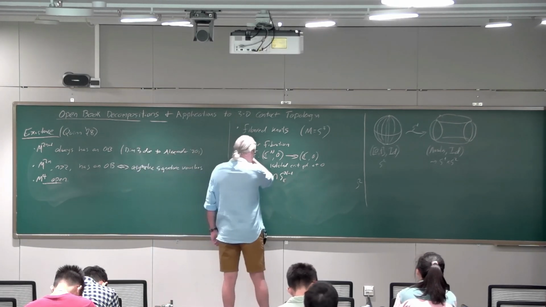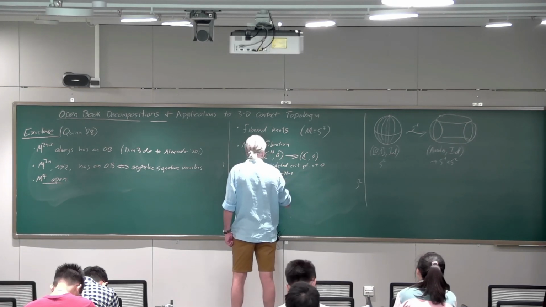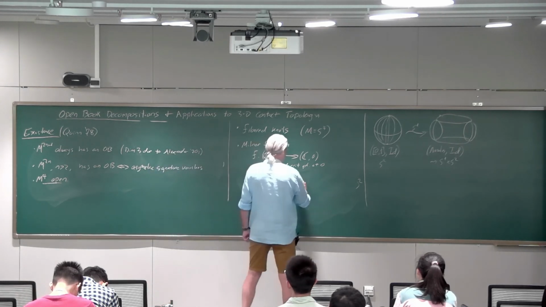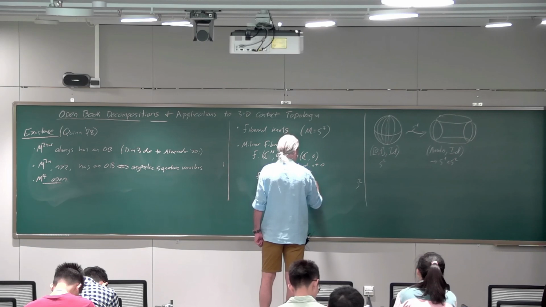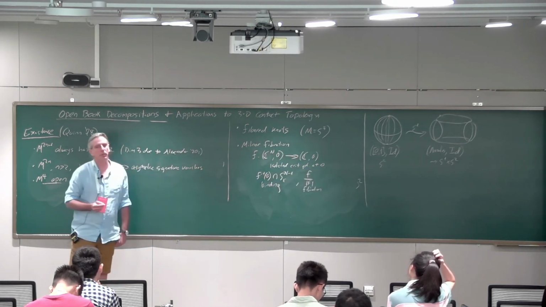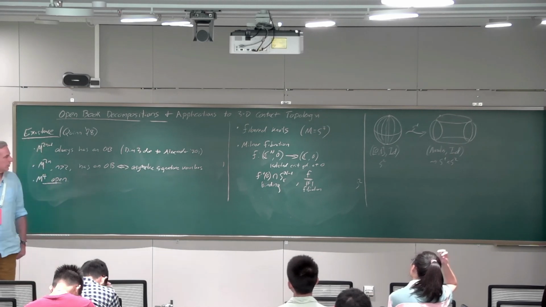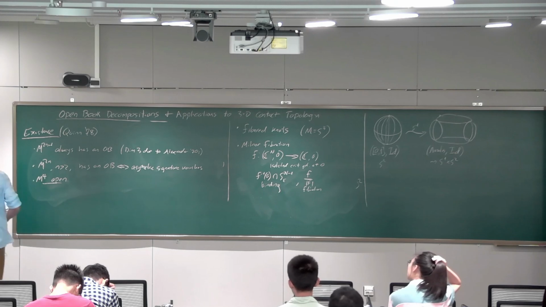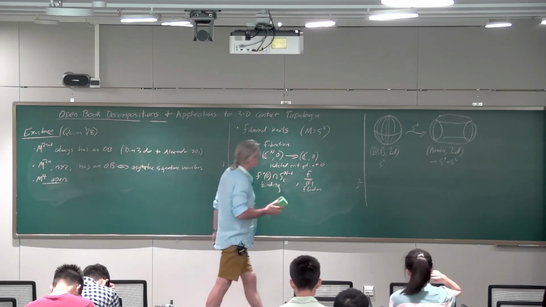And then what Milnor tells us is that this is the binding of an open book decomposition of S^(2n-1) with the fibration given by just the argument of the map. So this gives you interesting open book decompositions of spheres of any dimension, where by interesting I mean having non-trivial monodromy.